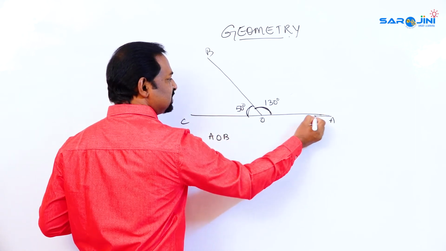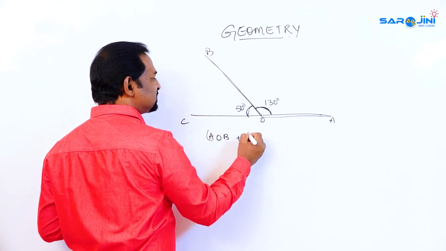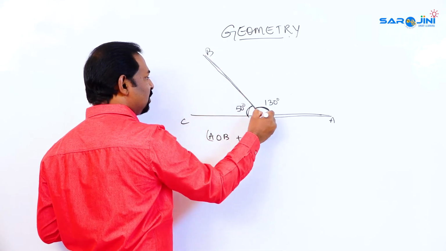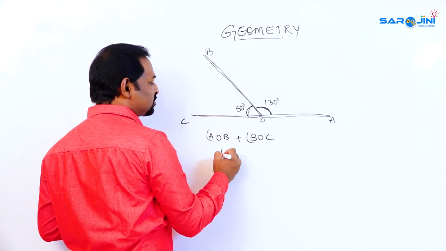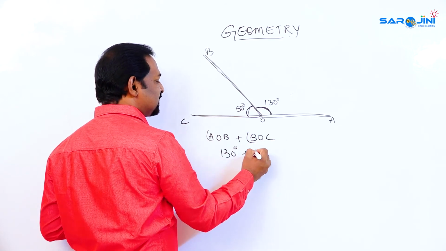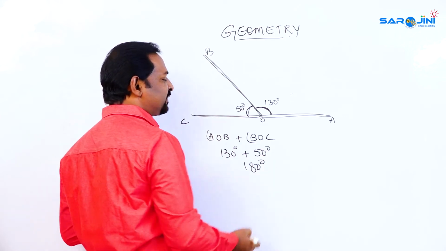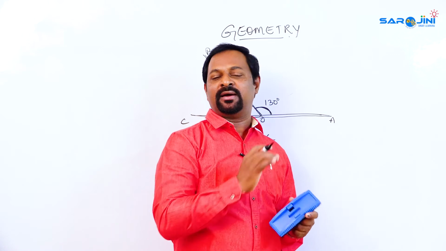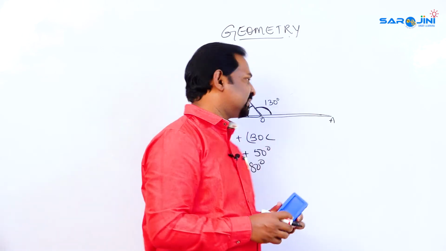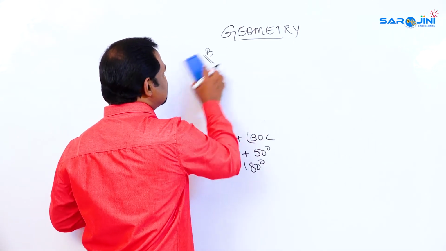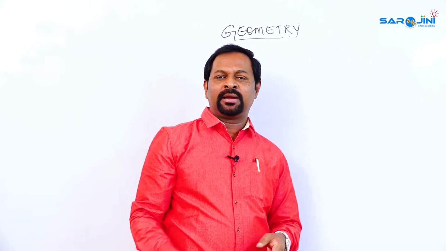Check this one: angle AOB plus angle BOC, if you add, this is 130 degrees plus 50 degrees, which is equal to 180 degrees, which is nothing but supplementary angles. This is the difference between complementary angles and supplementary angles. We'll do some basic problems on this.